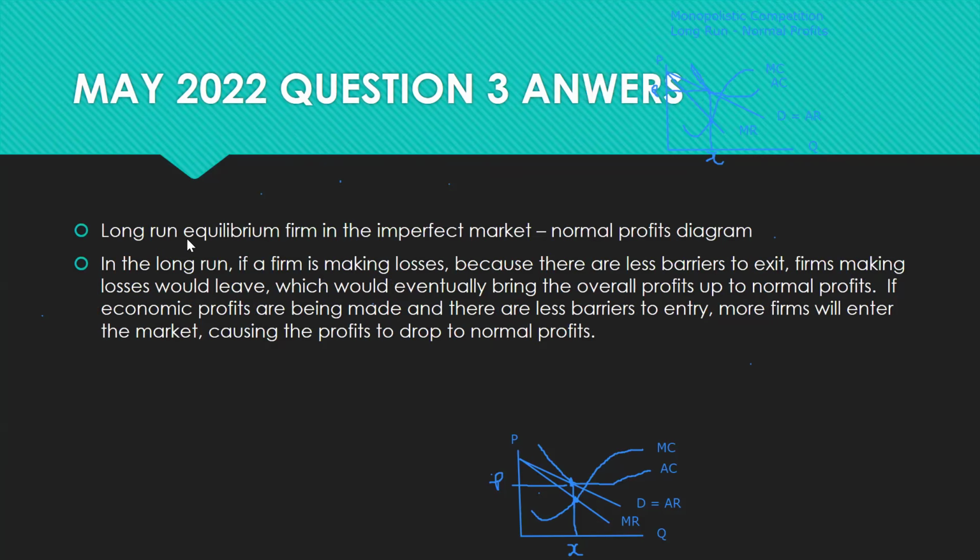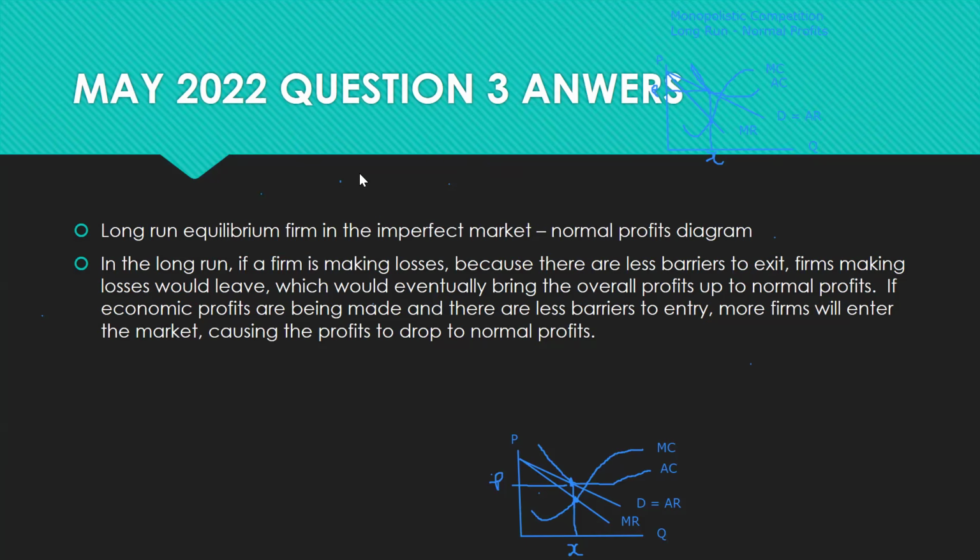Right, so I didn't draw the diagram because you have it in the PowerPoint already. You just have to go and look at the normal profit diagram in perfect competition to get the answer, and then the explanation. This PowerPoint, I've already sent it in your WhatsApp group.